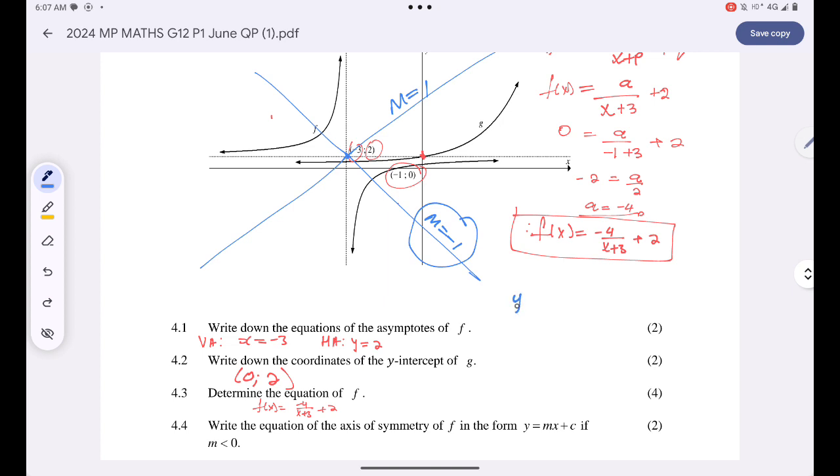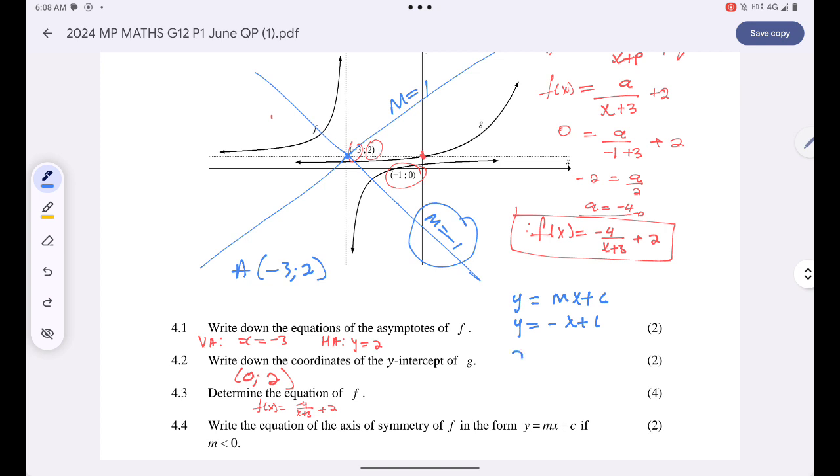So I know that y is equal to mx plus c, right? But y is equal to -x plus c. Remember, the gradient is -1. So all I have to do is to find the value of c. I just need to substitute the point. I can simply take the point A, which is the point of intersection of my asymptotes.